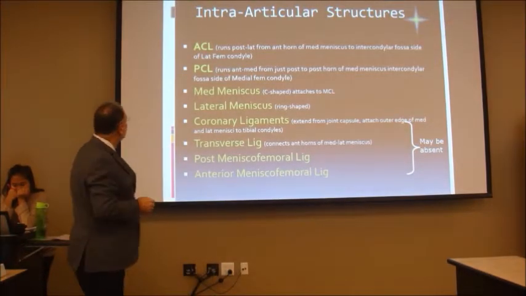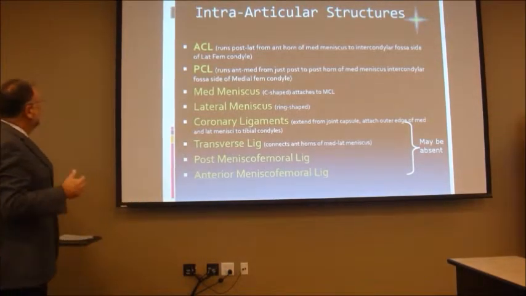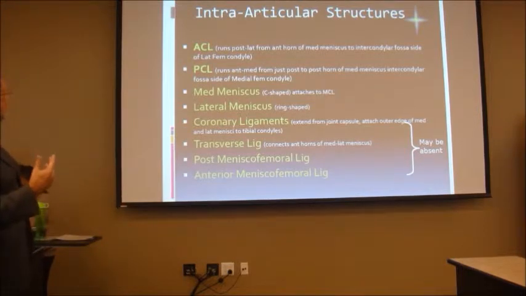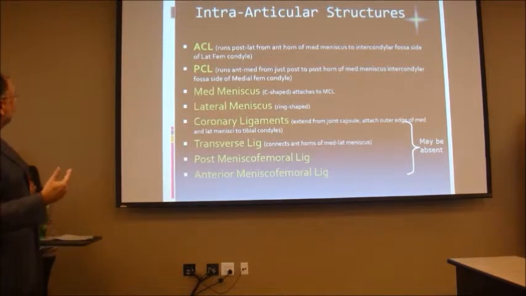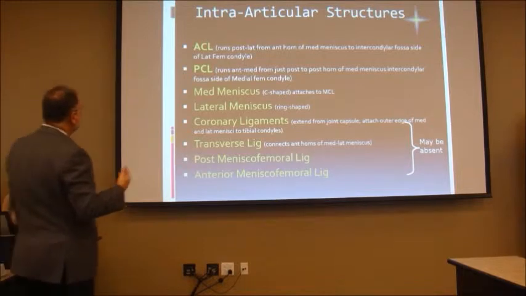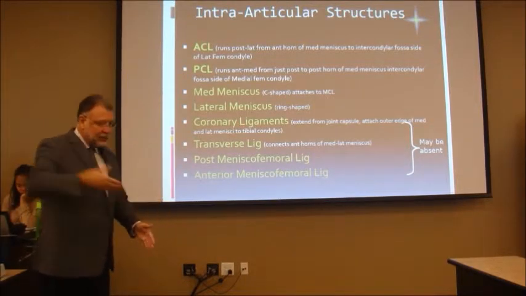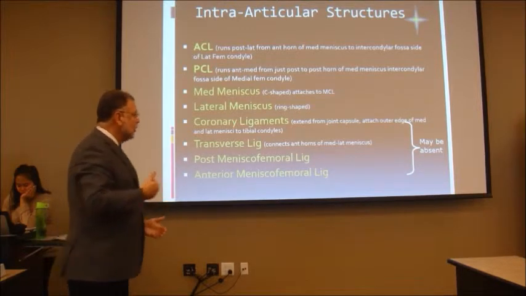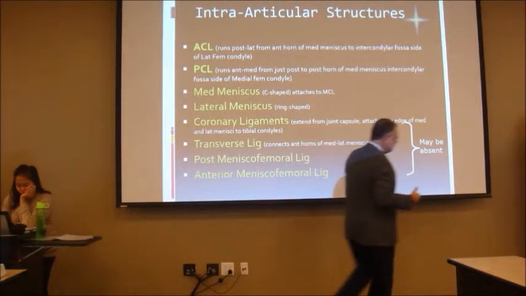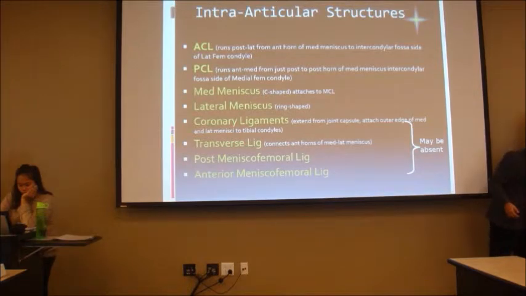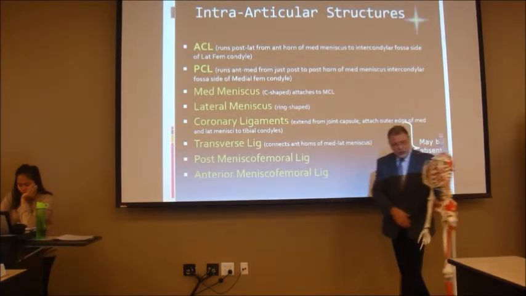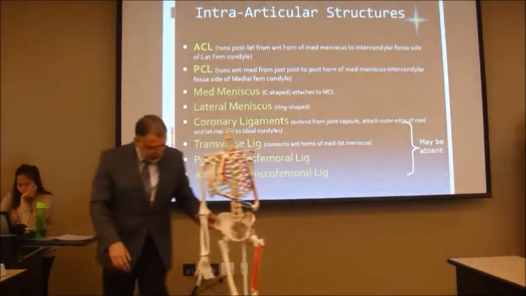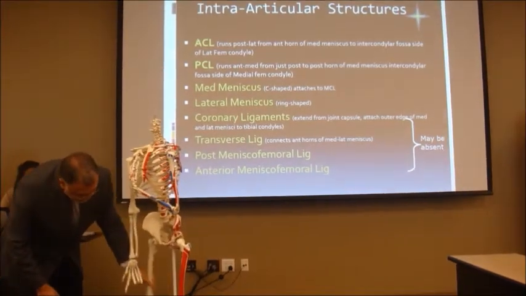So the intra-articular or deep structures are the ACL and the PCL. The ACL, the easiest way to understand it, goes from medial to lateral and from anterior to posterior. So in a model, the origin is going to be at the tibial spine.